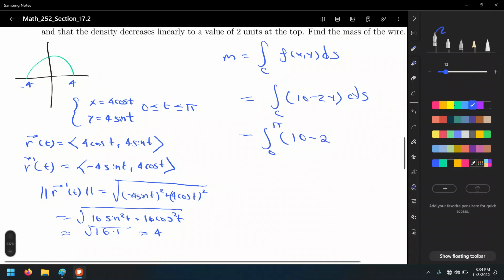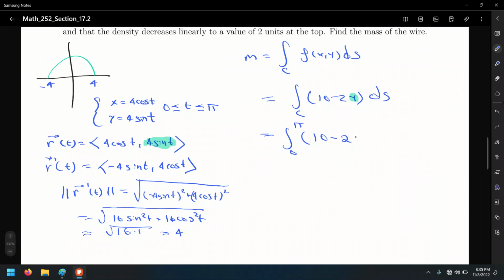In this case, our function only calls for the y component, so that's 2 times 4 sine t.